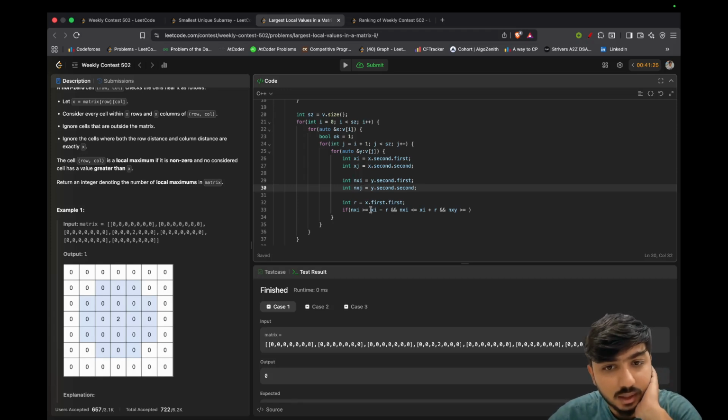New xi is greater than equal to xi minus r and new xi is less than equal to xi plus r. Minus means this, plus means this.